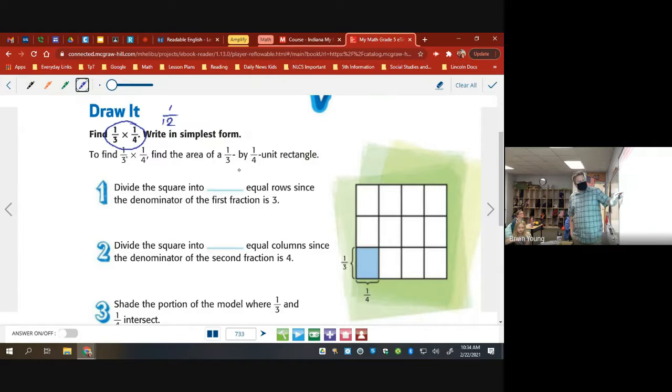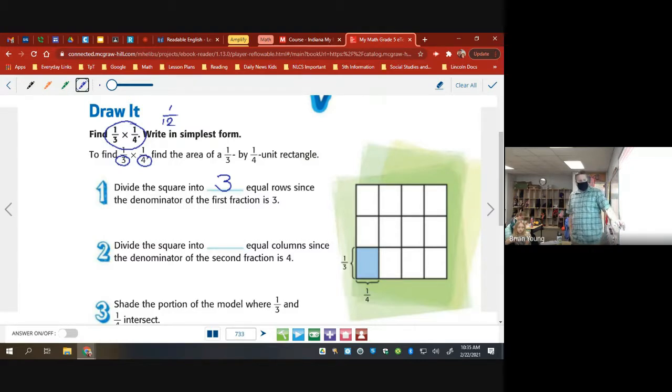Now, these are the numbers we're going to use today. What is that bottom number called again? Gavin, you remember what that bottom number is called? Starts with a D. Denominator. Good job. We're going to use the denominator to find this area. Okay? So 3 and a 4. So what we're going to do is we're going to divide the square into 3 equal rows, since the denominator in the first fraction is the 3.